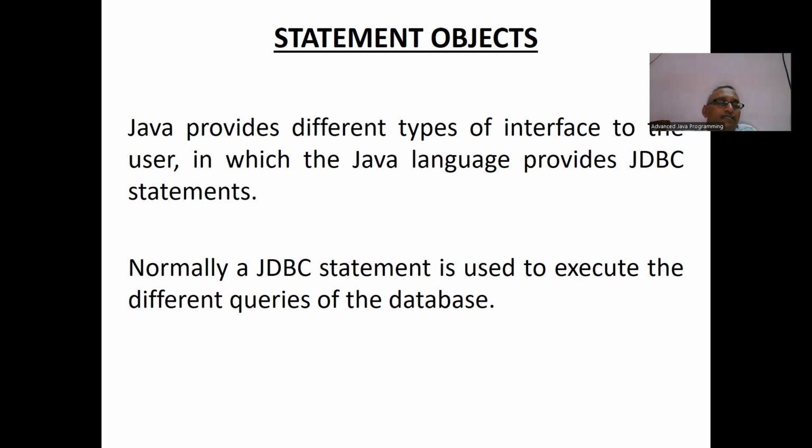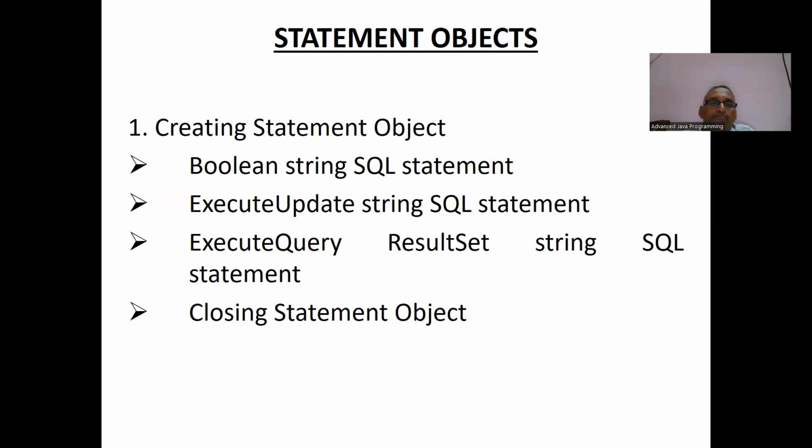First one, creating statement object. Basically, a statement object is used to execute different SQL statements as per user requirements. In this statement, we establish the connection object by using the createStatement method. We use the createStatement method to establish the connection with the database.